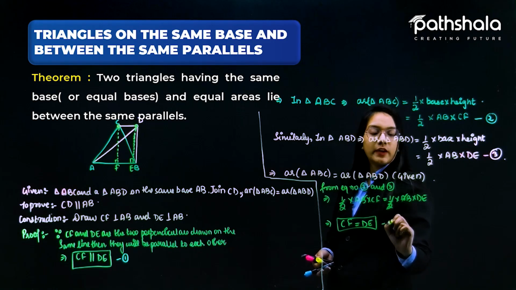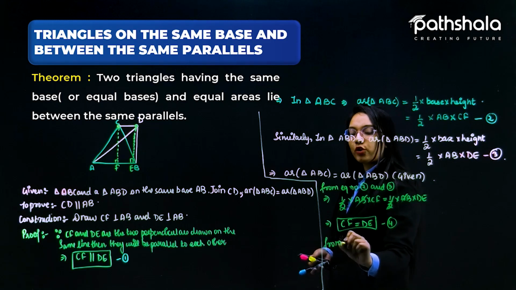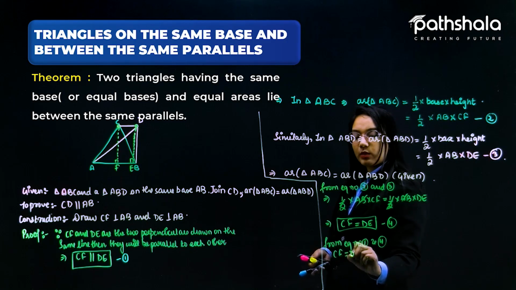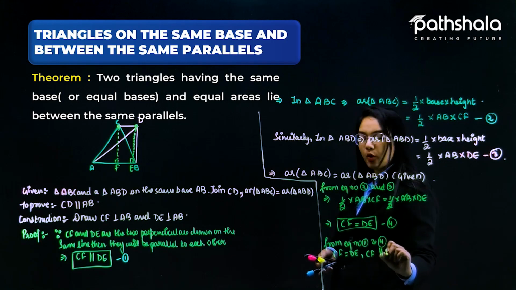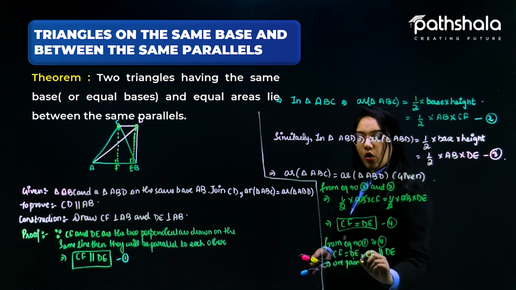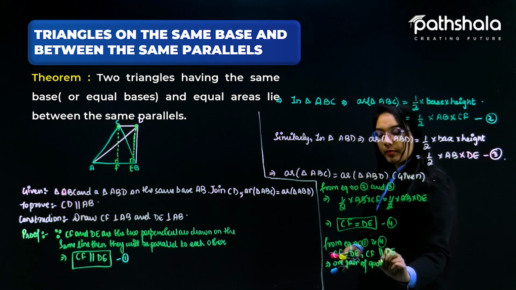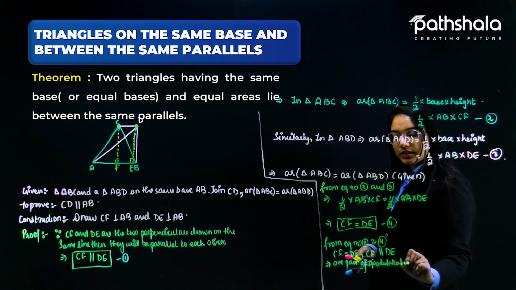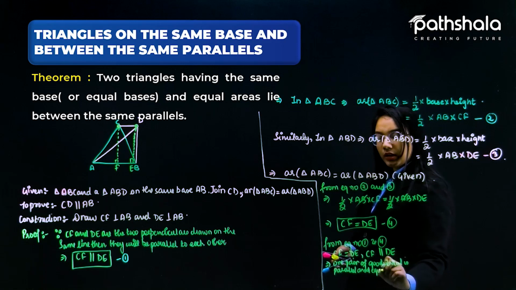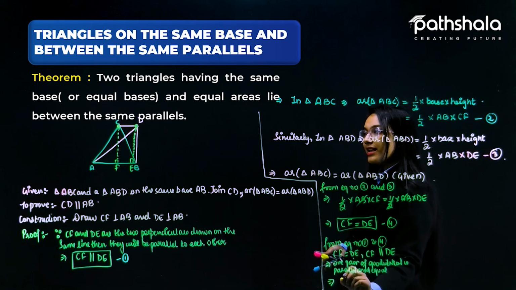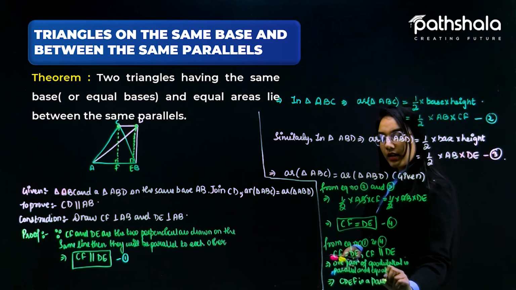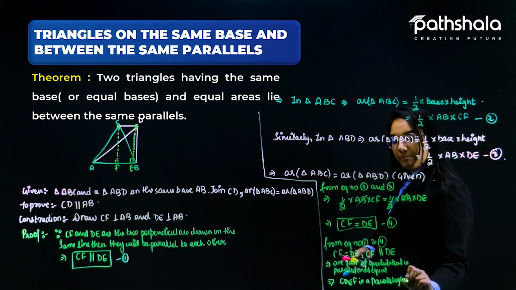Let us call this 4. From equations 1 and 4, CF is equal to DE and CF is also parallel to DE. It implies one pair of opposite sides of the quadrilateral is parallel and equal, so CDEF is a parallelogram.